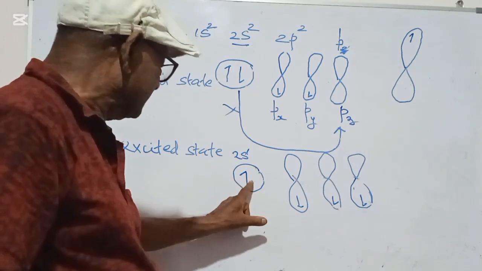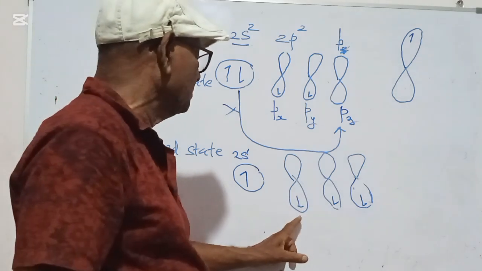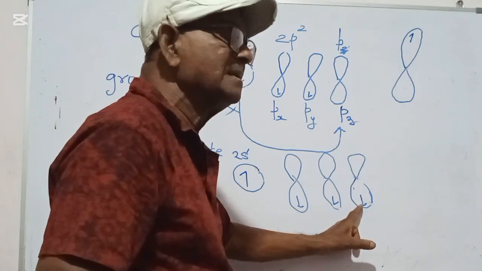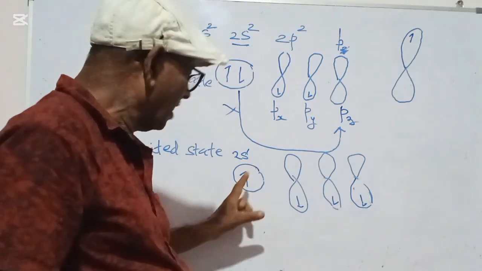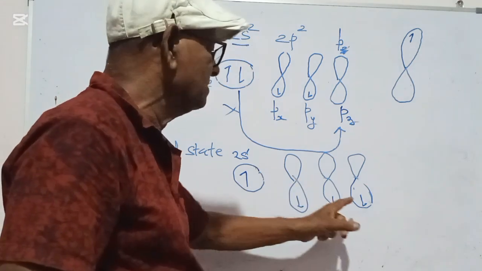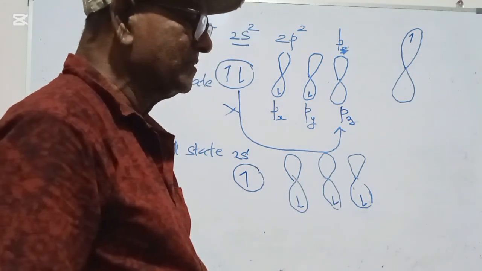1 hydrogen comes here, giving electron. Other 3 H atoms can also combine with these 3 orbitals, forming how many shares? 1, 2, 3, 4. Okay?